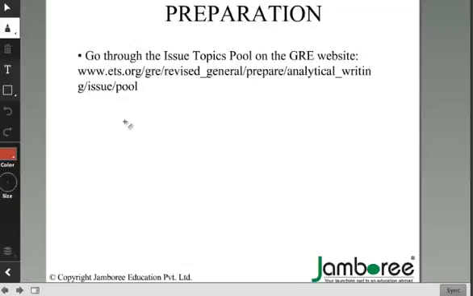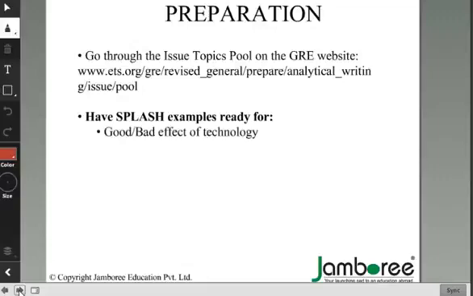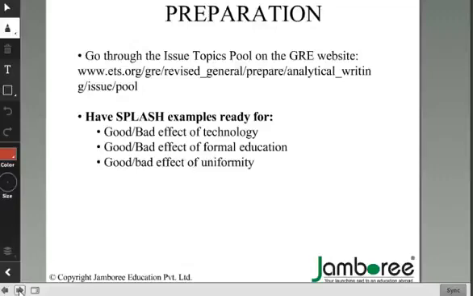If you just have a few examples ready for each, have examples ready for some generic topics such as good and bad effects of technology, good and bad effects of formal education, good and bad effects of uniformity, pros and cons of having strict laws, individual benefit versus greater good.